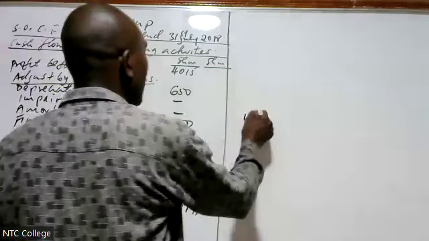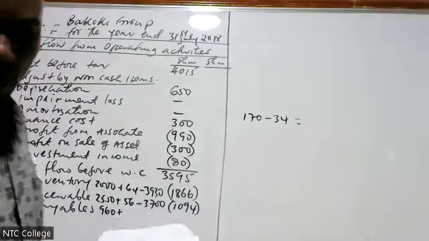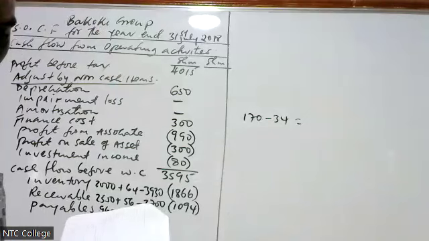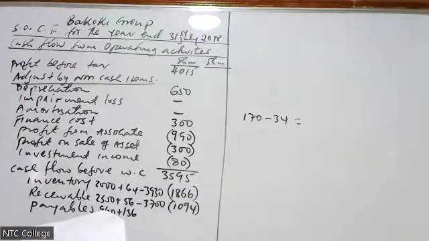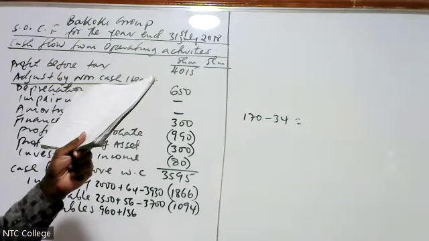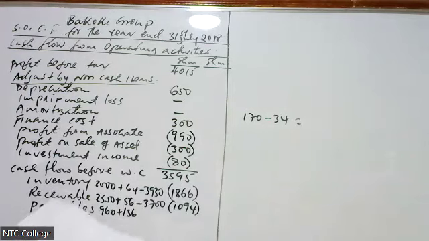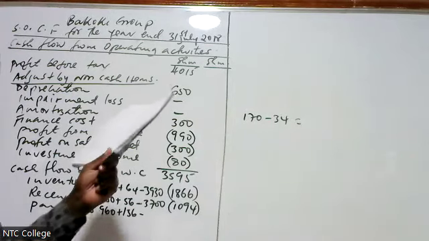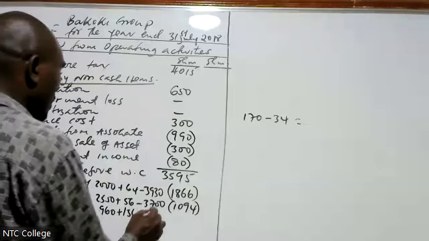Therefore, it will be 170 minus 34, 136, plus 136. Why am I taking 136? Because when you check the subsidiary acquired current liabilities, including corporation tax will go to the tax account, therefore we exclude it. Then we compare with what we have at the end, which is 1600.